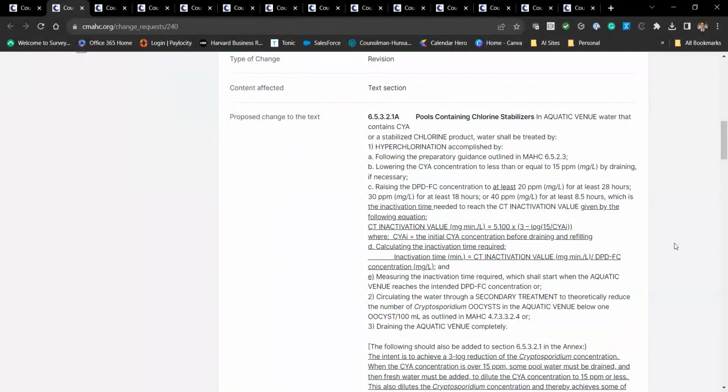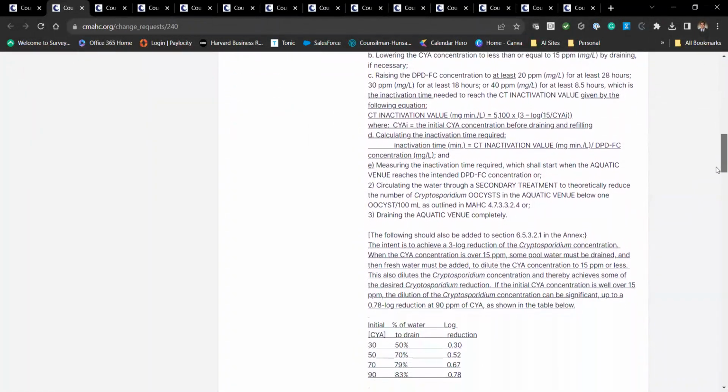The hardest part was I had to go find a scientific calculator, but I ran through the numbers using 90 parts per million initial cyanuric acid, and the CT value calculated to be 19,269.